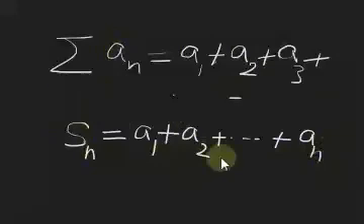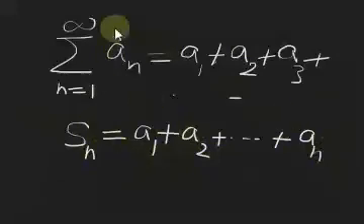This is an infinite series here, n goes from 1 to infinity, but this is the nth partial sum of this series, right?